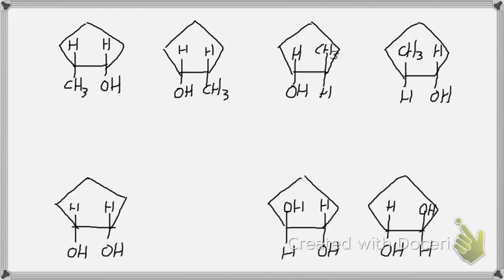And the second set, I put down another 3 molecules. These are examples of achiral molecules with 2 stereocenters. I mean the first one at least. The first molecule is an achiral molecule with 2 stereocenters. The other 2 are still chiral.